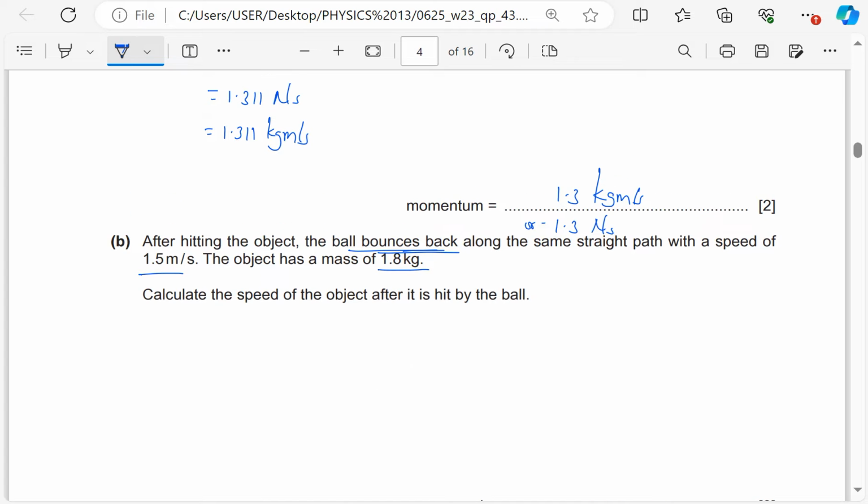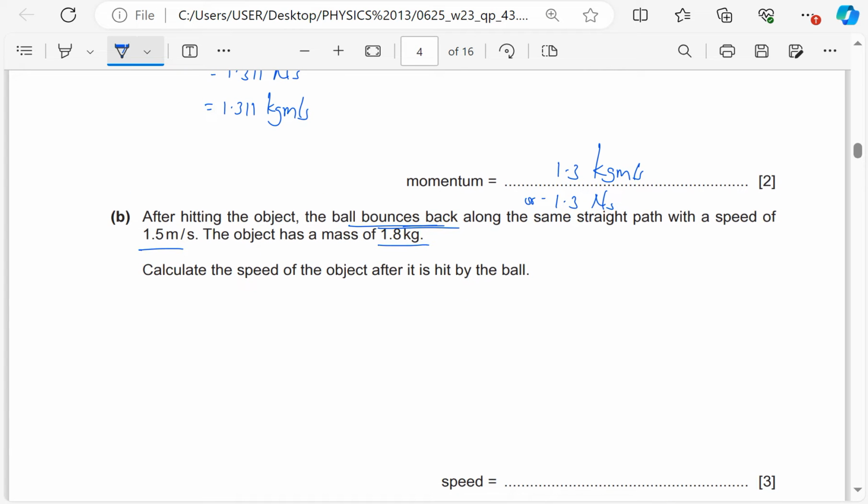I'm going to use conservation of momentum. So total momentum before collision should be equal to the total momentum after collision.